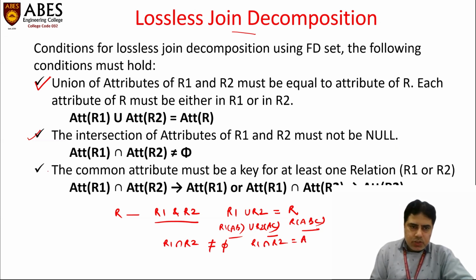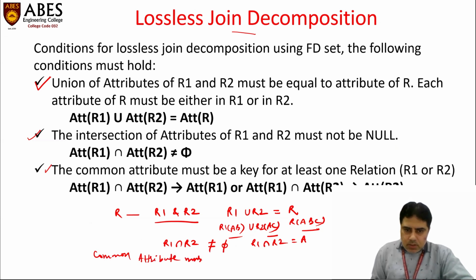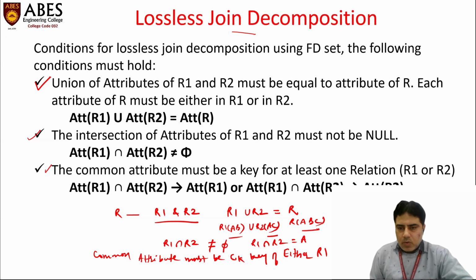Now the third condition says the common attribute must be the candidate key of either relation R1 or relation R2, or both.